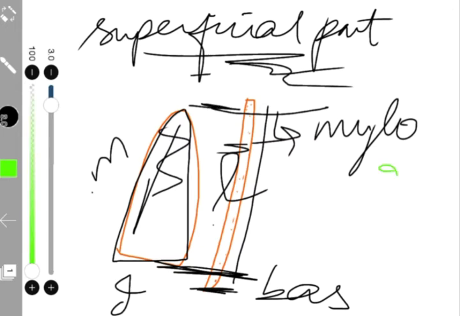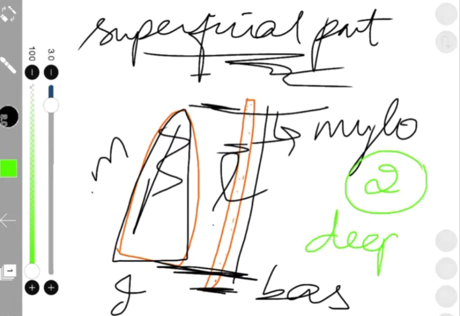There are two layers of the deep cervical fascia which cover the gland. One is a superficial layer and the other is a deeper layer.